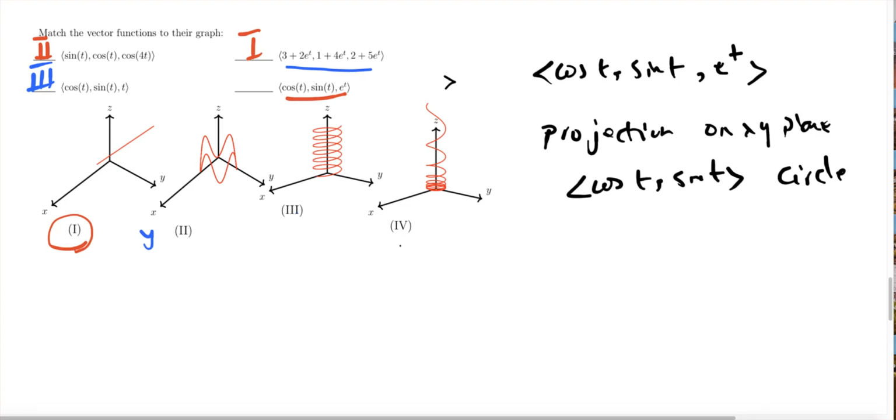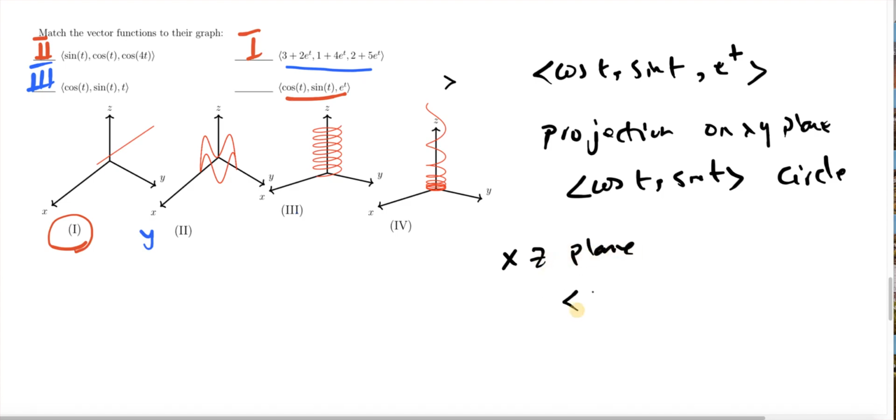We do know that the last one is going to be number 4 because that's what is left, basically. We sort of suspect it. It's just confirming that. And so that one does have an xy projection that is a circle. Now, let's do one more, the xz plane.